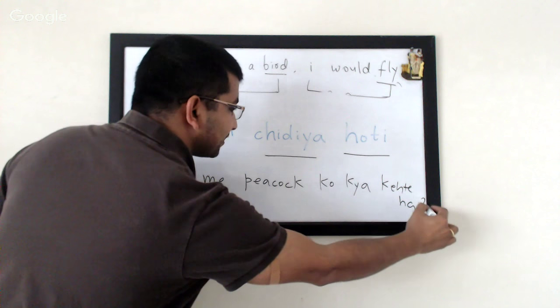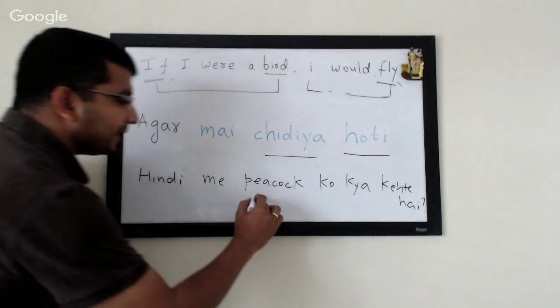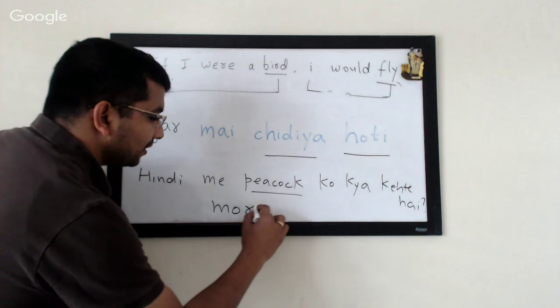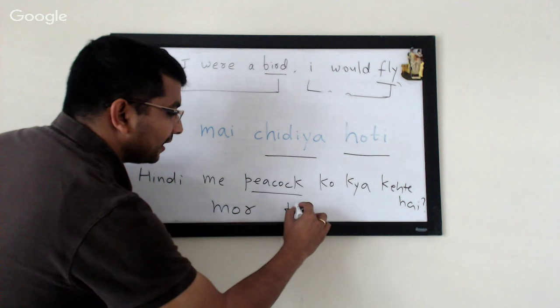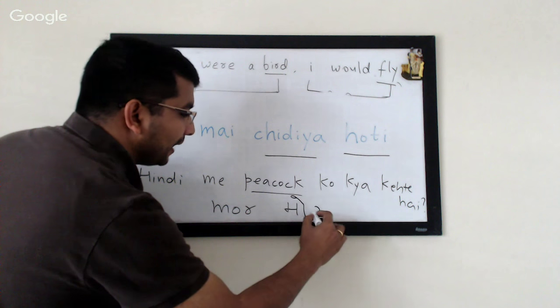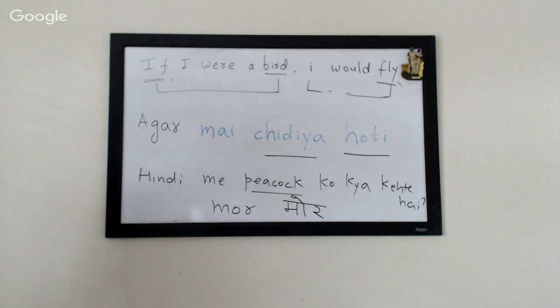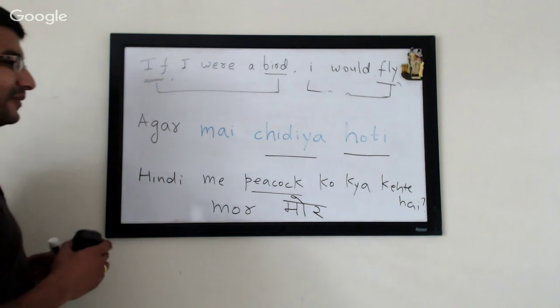That will be your question. And our answer is हिंदी में पीकॉक को मोर कहते हैं. And the way you write it is ma with o and then हिंदी में पीकॉक को मोर कहते हैं. Very good. I think some people already knew it.